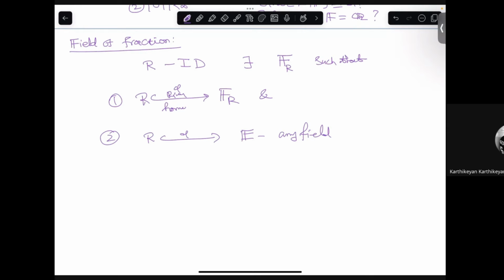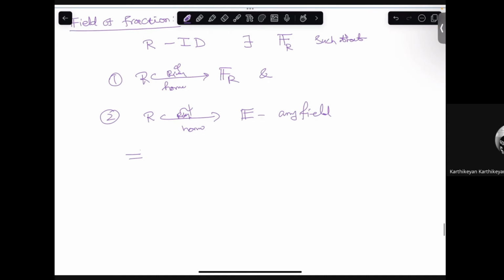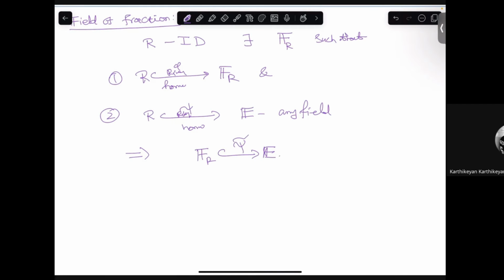Any ring or field homomorphism implies you can extend the homomorphism. You can extend that.